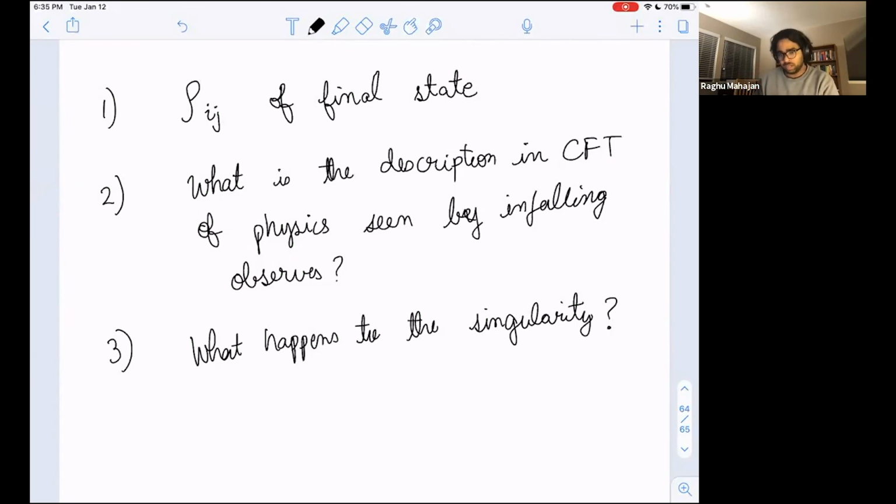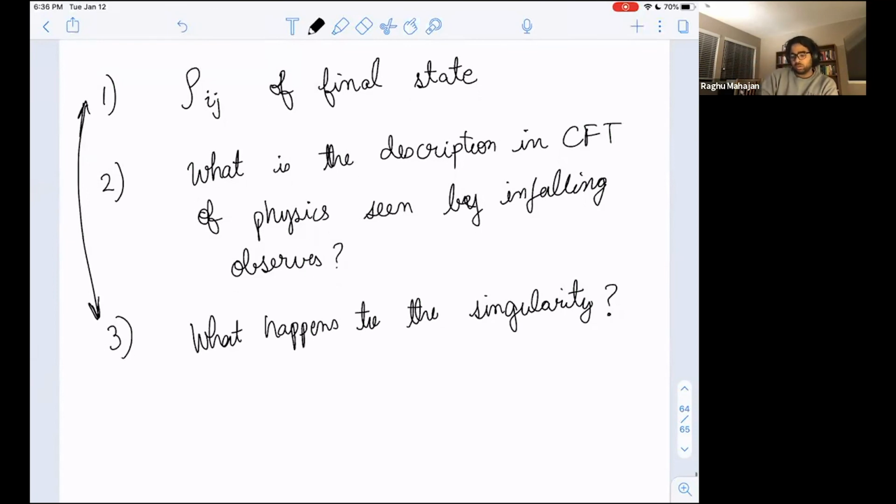So we still have no idea how the space-like singularities inside black hole horizons get resolved, or what their endpoint is, what their fate is. And I believe that 1 and 3 are kind of connected. To answer 1, you kind of have to know 3, because the singularity disappears, creates a pure state on the outside.